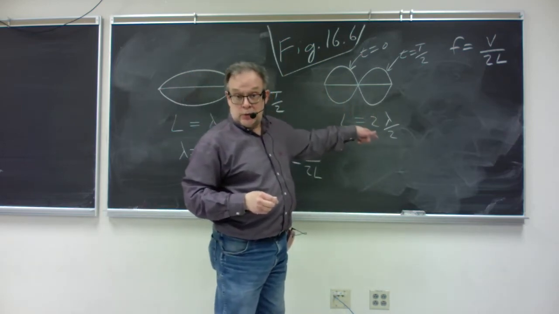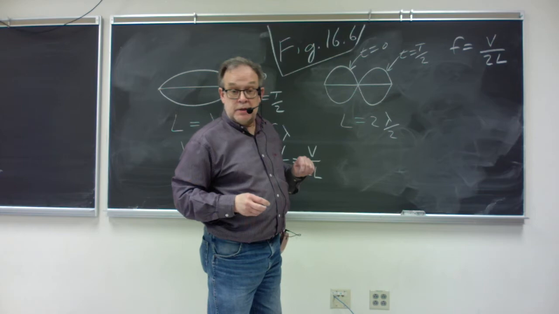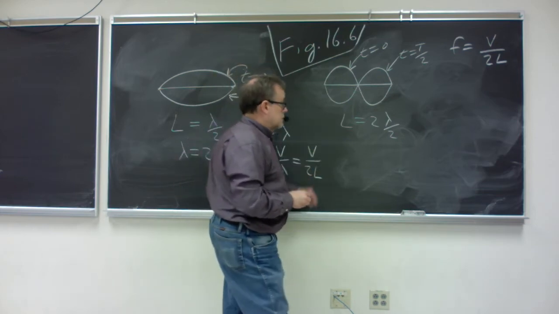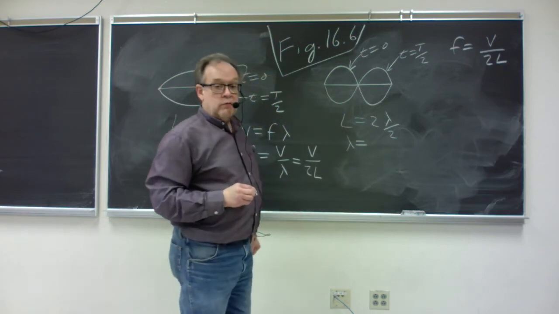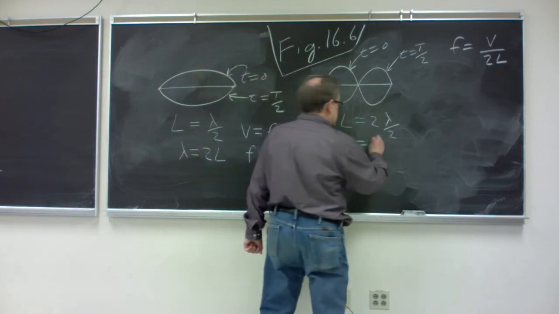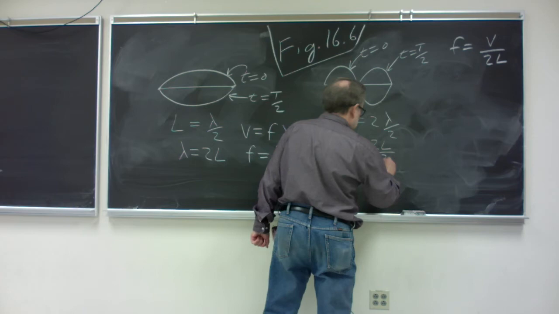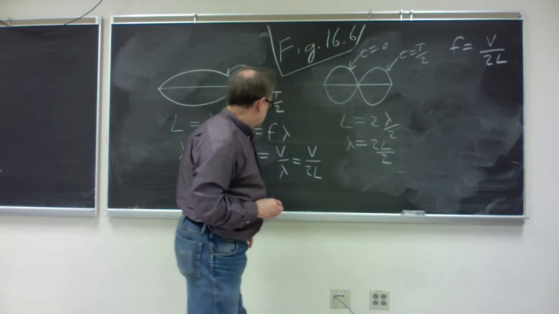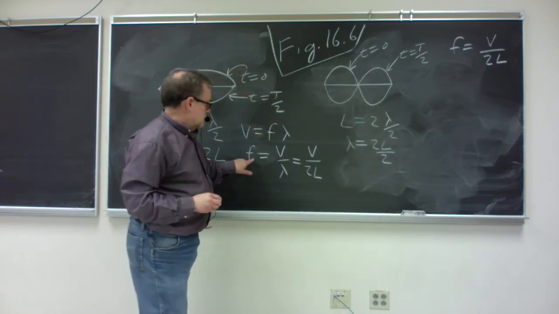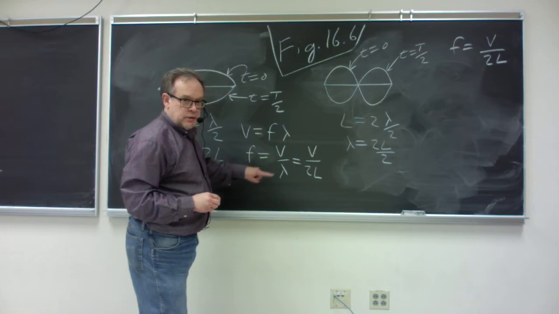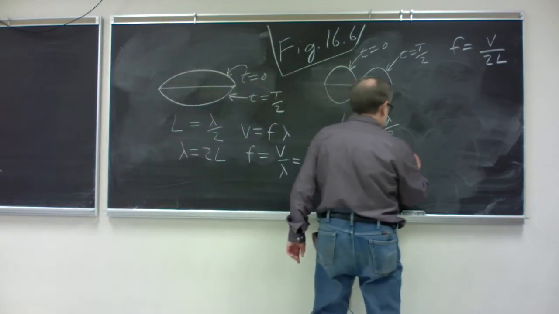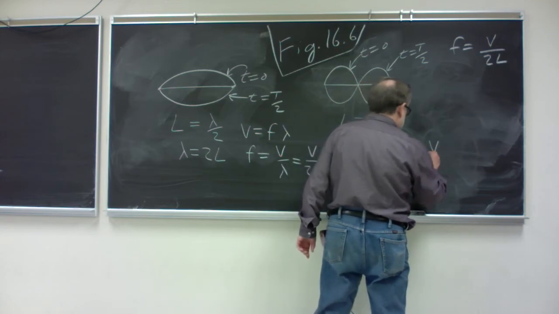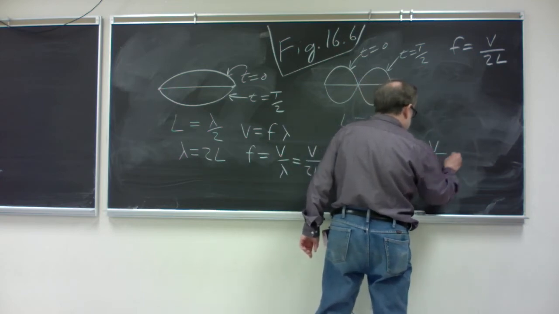I won't cancel out those 2's for reasons that we'll see in just a minute. So what that means is that in this case, the wavelength of the string is just 2L over 2, and then we find the frequency by using the basic traveling wave equation. Frequency is wave speed over wavelength.